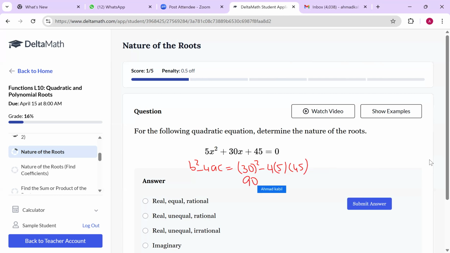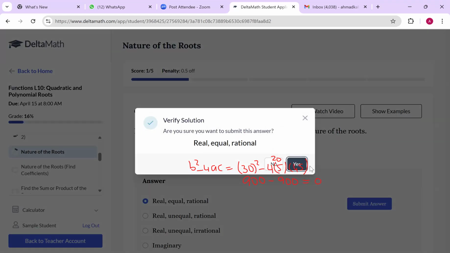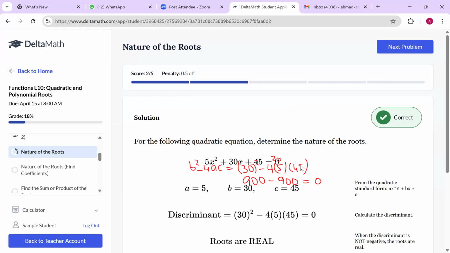So 900 minus 4 times 5 is 20. 20 times 45 is 900. So 900 minus 900 is 0. So one solution. So this is the case of one solution, or we say equal solutions. So real, equal, rational solutions. Let's try another one.